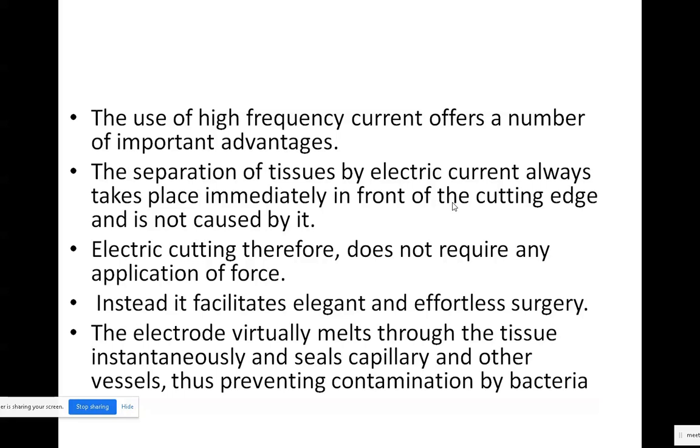You can do the surgery simply. The electrode virtually melts through the tissue instantaneously and seals capillaries and other vessels, thus preventing contamination by bacteria. So on applying the high frequency signal, you may avoid contamination by bacteria.